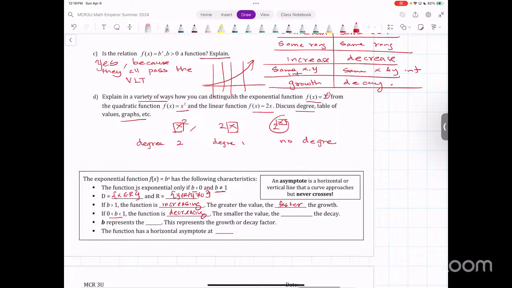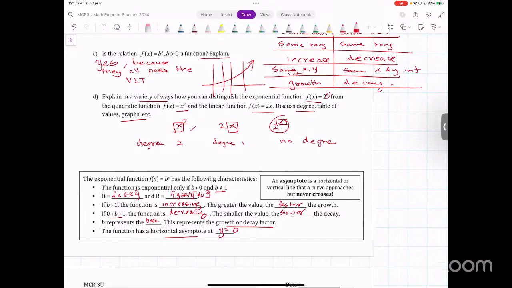The smaller the value, the faster the decay. b represents the growth rate, so b represents the base. This represents the growth rate or decay. The function has a horizontal asymptote at y equals 0. So these are the general properties of the exponential function.